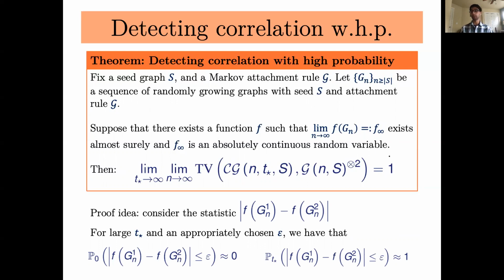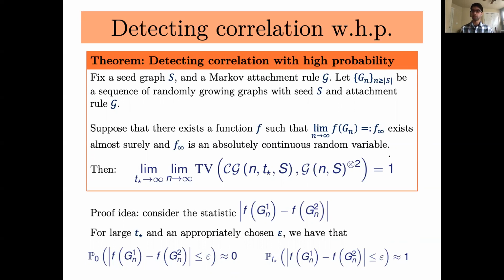Hence, we expect that they wouldn't be too close to each other. On the other hand, if the amount of correlation is quite large, we would expect that f of gn1 and f of gn2 are quite close to each other. So by just comparing the probability under these two different distributions, we see that the total variation is quite close to 1 when the amount of correlation is large.